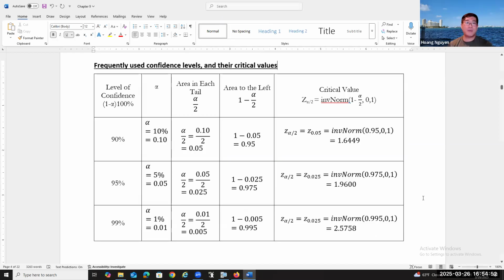Okay. So this is how we got the critical value based on the 3 common values of the confidence level, 90%, 95%, and 99%. So you might copy these tables on the cheat sheet for the following test, right? And then use it because we calculated in advance already. So those are the three critical values corresponding with the three common values of the confidence level: 90%, 95%, and 99%.